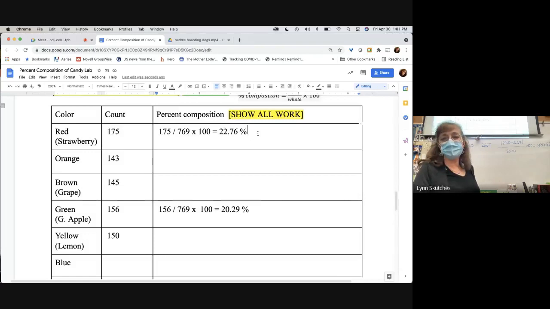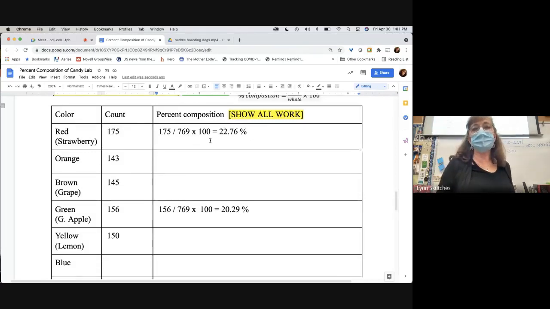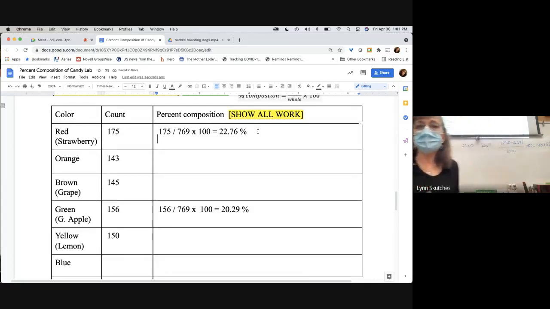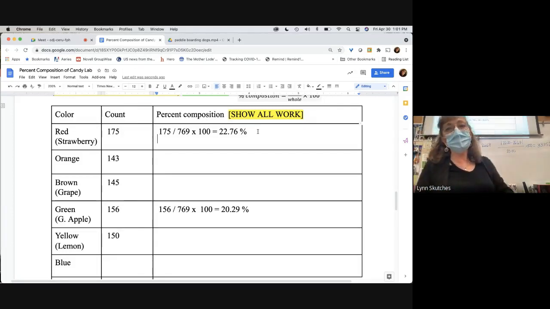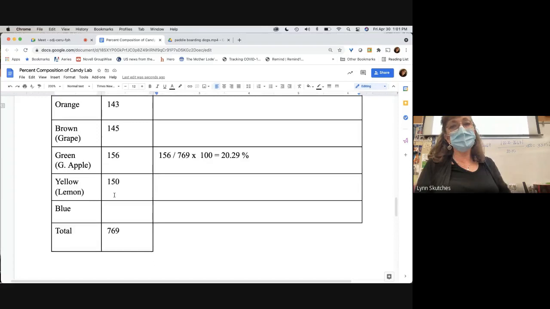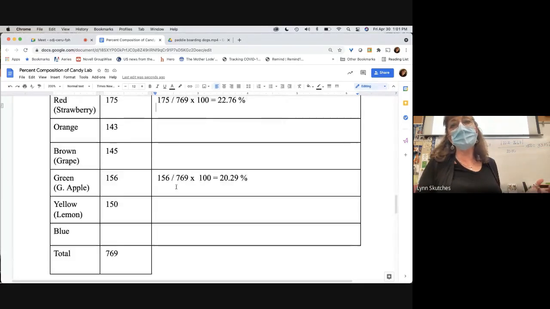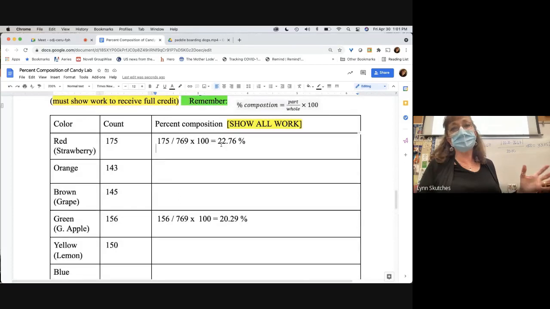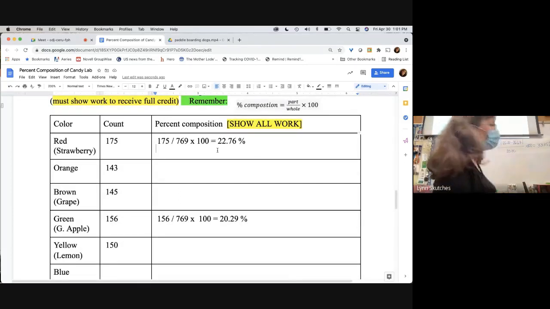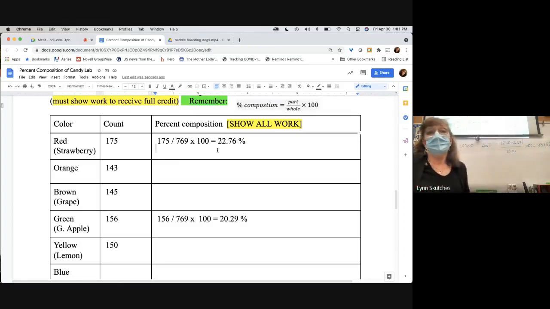Now, I'm not asking you to do percent error on this, but I just want you to understand 2.76% doesn't sound that bad. Oh, we're only off by 2.76. Well, that's not really the truth. So if we did 769 times 20%, it should be different, right? So how much is 2.76% off? It's a bit.